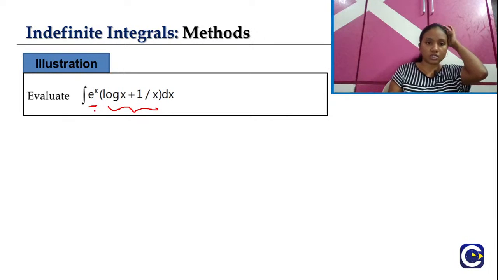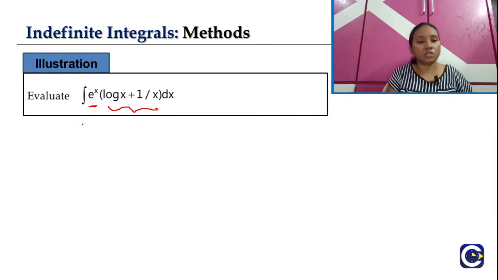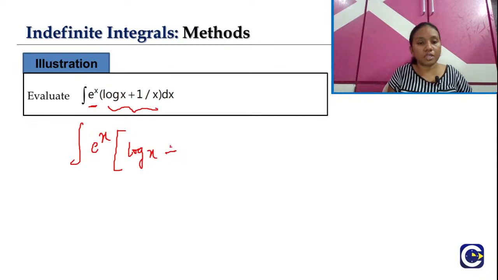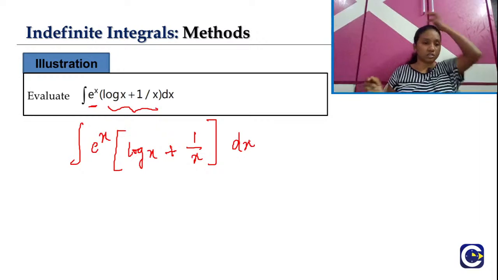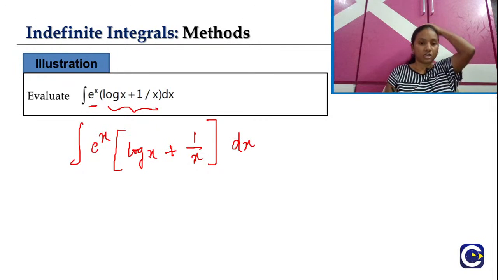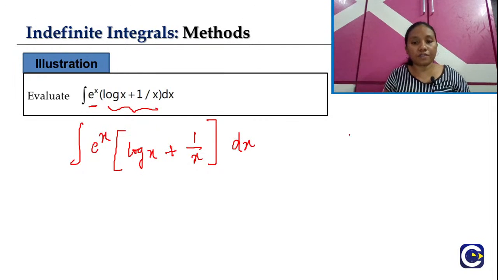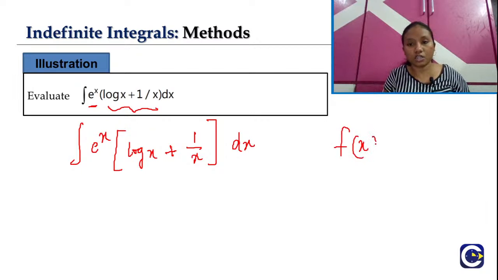See here, what is the integral form here guys? So here we are having e power x, and log x plus 1 by x, and the whole dx here. Yes or no? Right. If I take my f of x function, this is equal to log x.